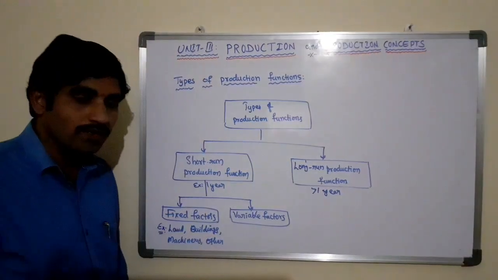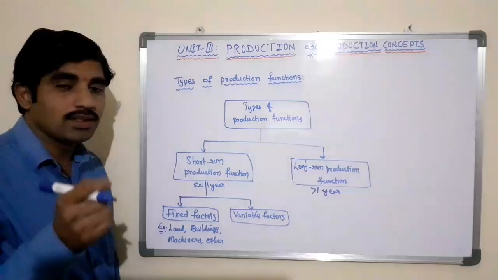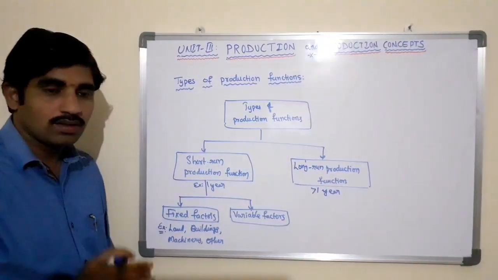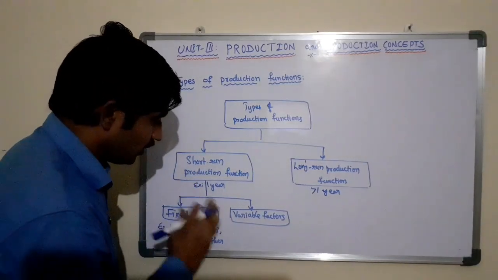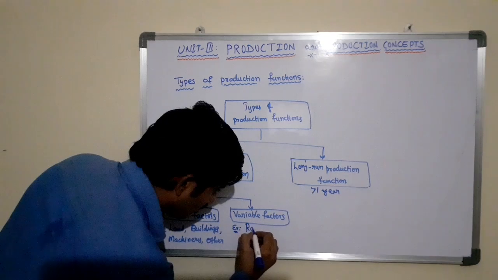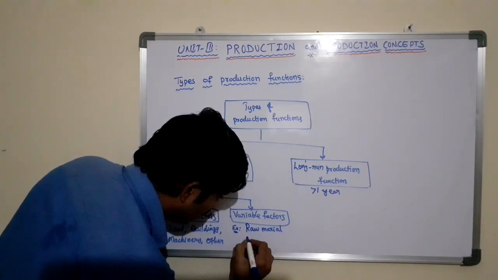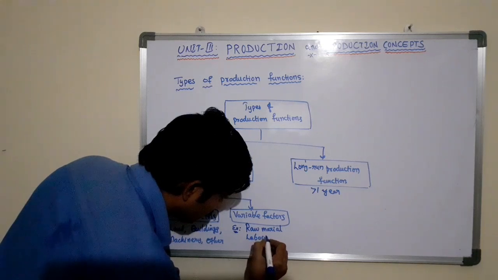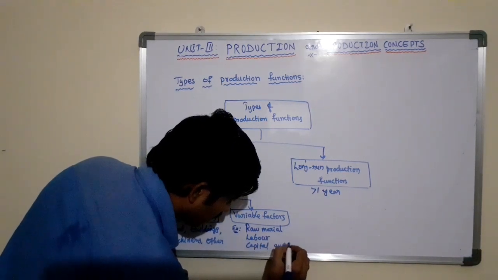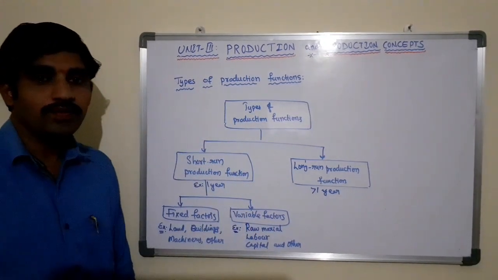And whereas coming to the variable factors, these variable factors are changed even in short run or the long run. Here in the short run period, the variable factors are, for example, raw material, labor, capital, and other factors which are variable in nature.